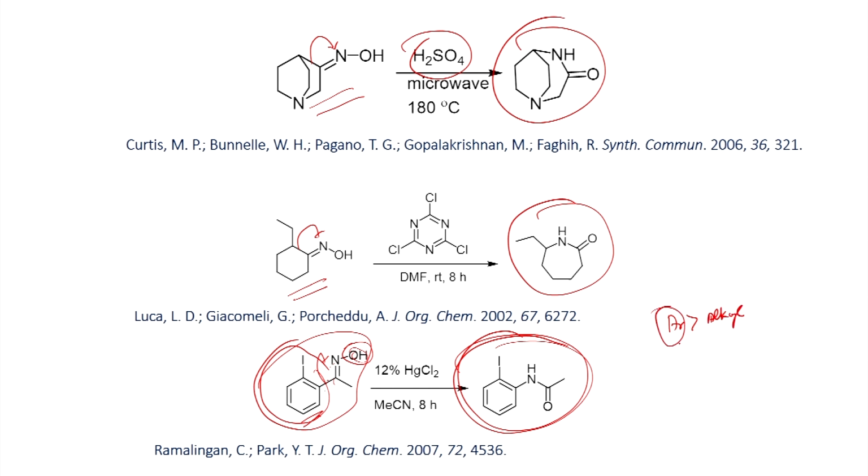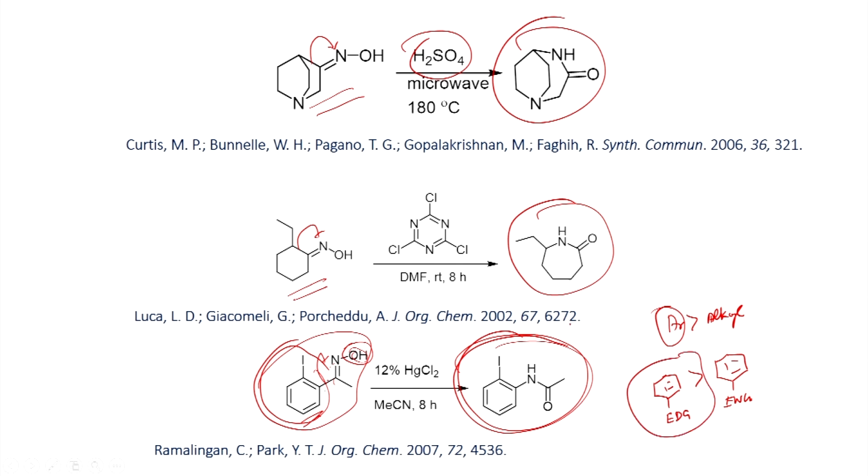And if you compare the reactivity of different aryl groups, the aryl group that has a donating group shows greater reactivity compared to that having an electron withdrawing group.